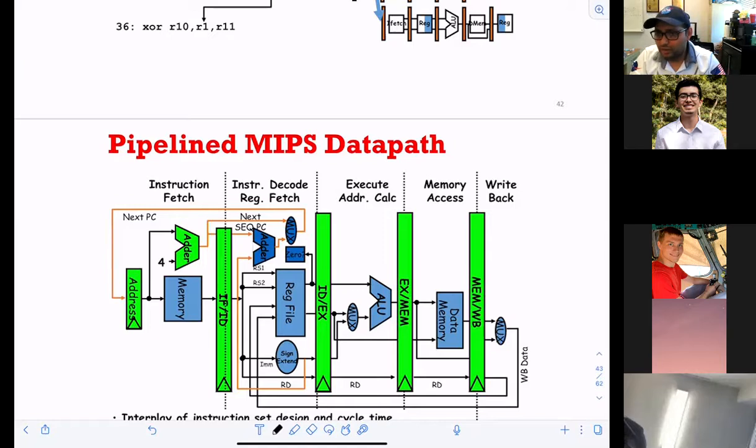What is the core computation element we have? ALU, right? Arithmetic and logic unit. If this arithmetic and logic unit is repeated many times, then I don't have any problem. Instruction number 1 will go to the first ALU, while instruction number 2 will go to the second ALU, and the third ALU, and the fourth ALU, and so on, right?